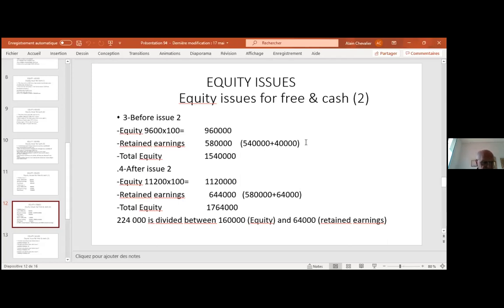And we still have the same nominal value, 100, which means we have here now 1,120,000 euros for the level of equity. So what about retained earnings? It's a bit more complicated here, because we start, of course, from the 580,000 calculated above in point 3 on that slide number 12.